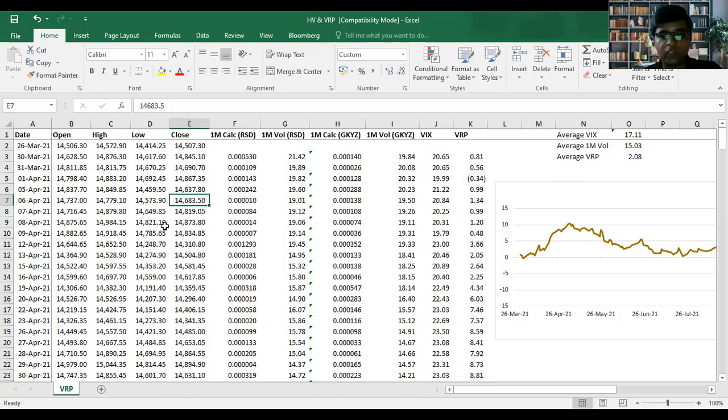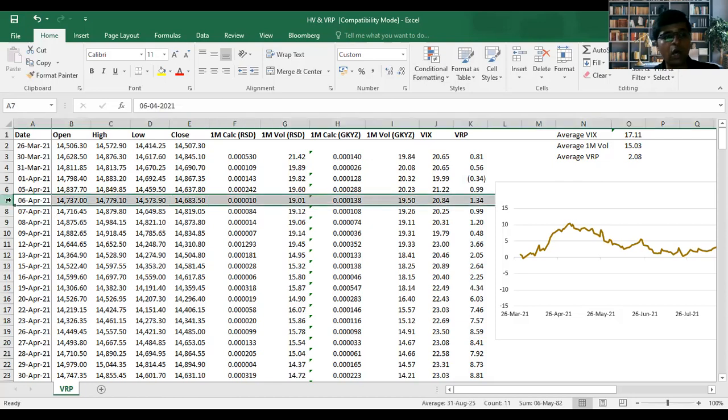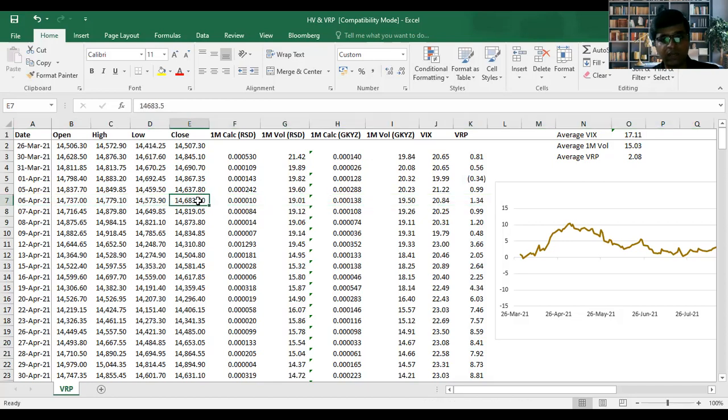Short straddle is basically somebody selling ATM call and ATM put option of the same expiry of the same underlying instrument. Now say on 6th of April 2021, when the Nifty had closed at around 14,700, somebody would have sold the 14,700 straddle for the April series.